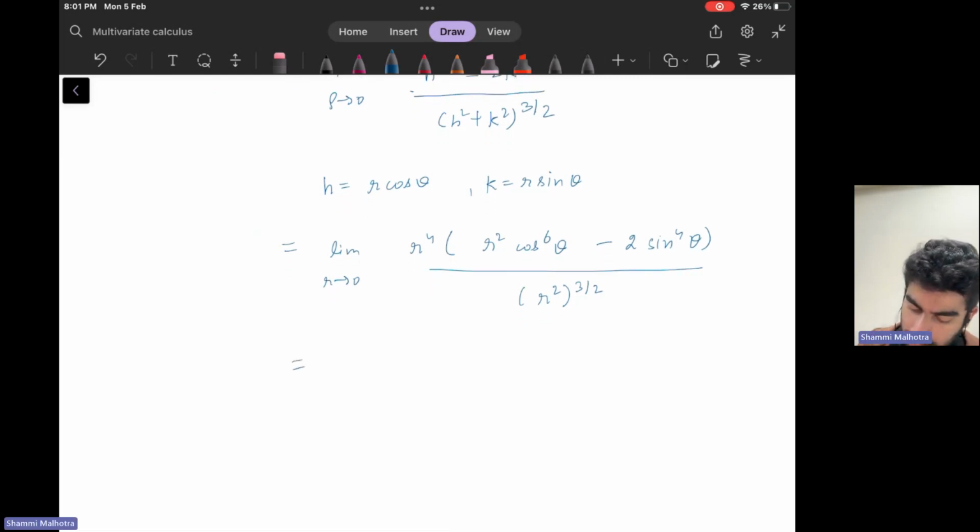So this is just the limit r tending towards 0 of r times (r square cos to the 6 theta minus twice sine raised to the power of 4 theta).